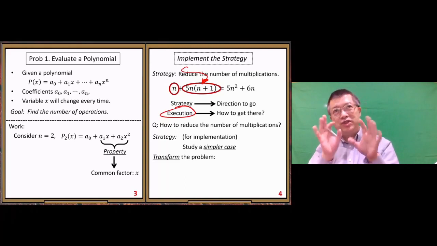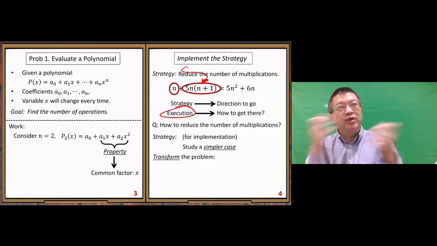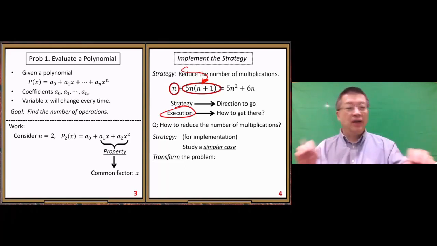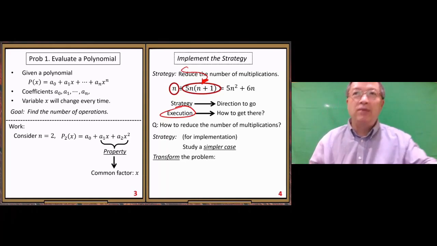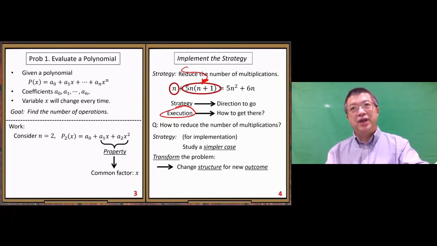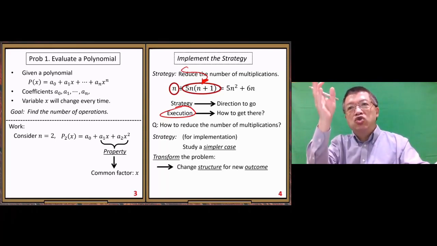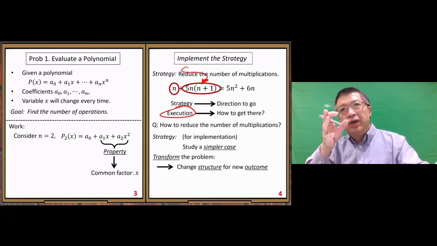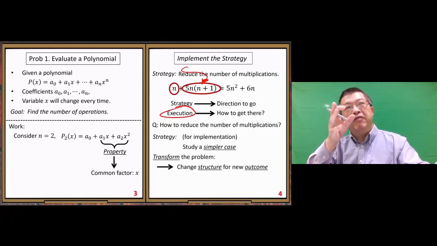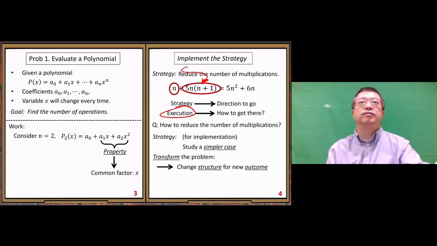So this method happens frequently. Why can transforming the problem help us solve it? The reason is, after you transform the problem, you change the structure. After the structure change, you have a very good chance to get a new outcome.